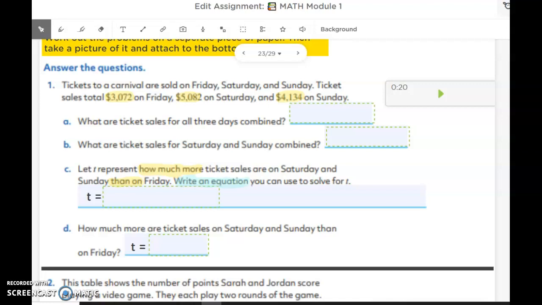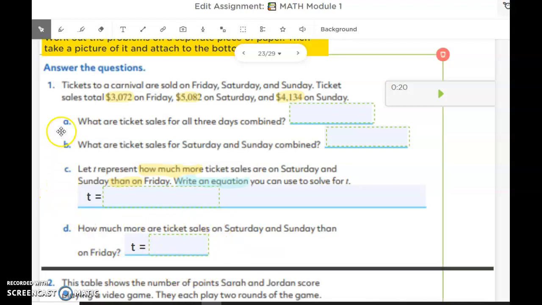Notice it says write an equation you can use to solve for T. So again, that variable T, I'm just using this letter there in place of your answer. So for part C, I'm not looking for the answer. I'm looking for the equation to arrive to your answer. And then part D is actually asking for that answer.